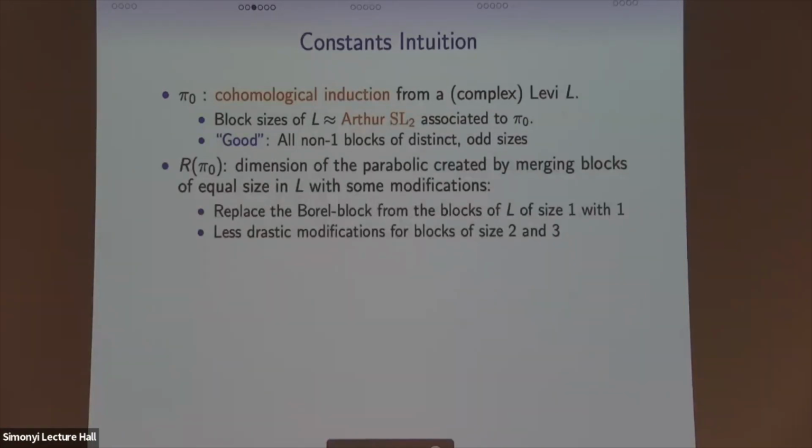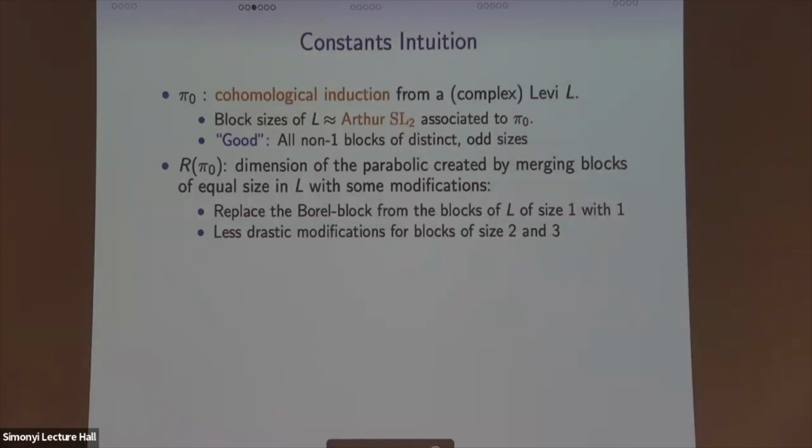So what is R pi 0? R pi 0 is a dimension of a parabolic. You construct it out of L in some complicated way. There's a parabolic subgroup of GL capital N that you construct in some complicated way out of L. And then you need to replace some blocks of the parabolic with single things, and you compute a dimension.